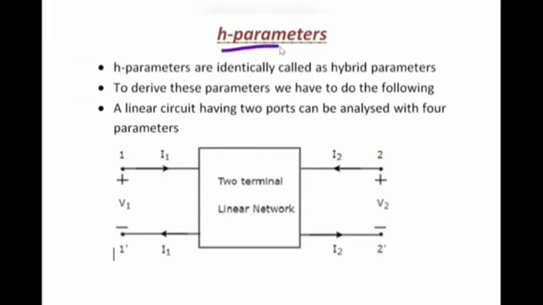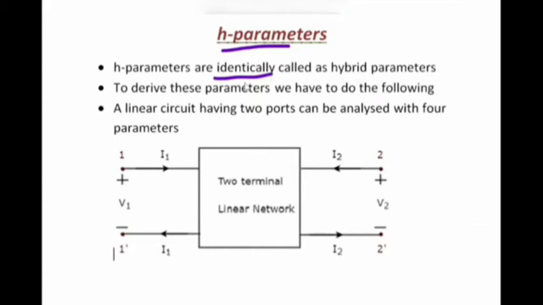H parameters. For any network there are different parameters. We can express any network in different parameter ways, that is H parameters, Z parameters, ABCD parameters, etc. H parameters are also called hybrid parameters.